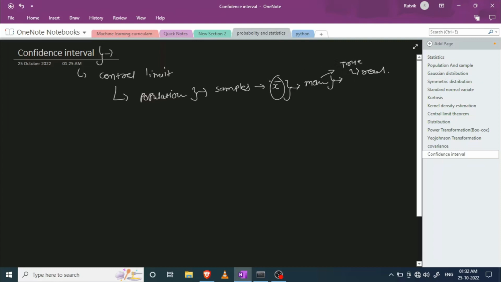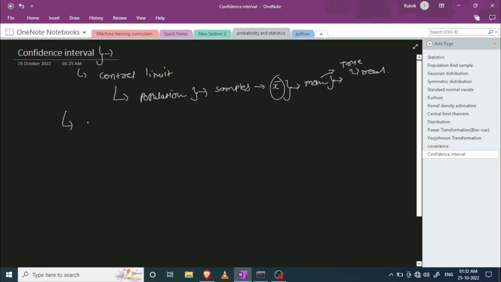So how confident are we about the mean that we calculated from the central limit theorem, and is it quite useful for the population? We are going to discuss all of this in this video. Basically, the confidence interval has a formula with the help of which we can easily calculate how confident we are about our mean.